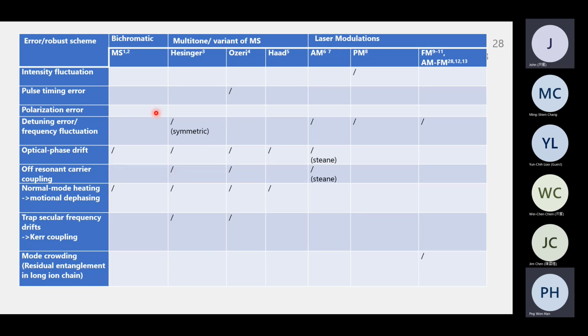We want to design a gate scheme that is insensitive to these experimental errors, so even if the experiment has these kinds of errors, the gate scheme is robust against them.